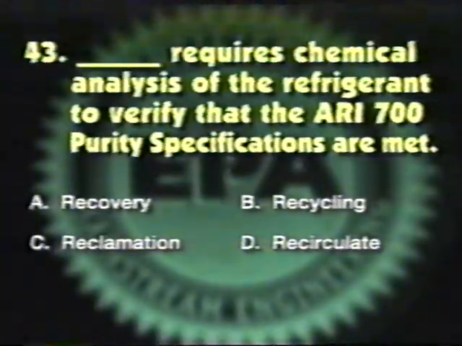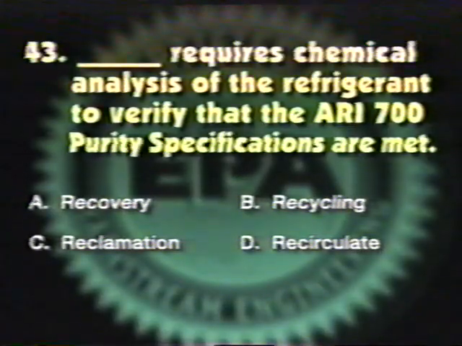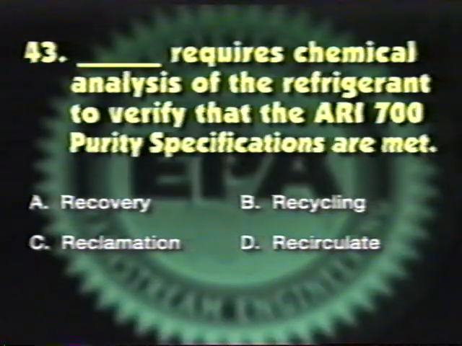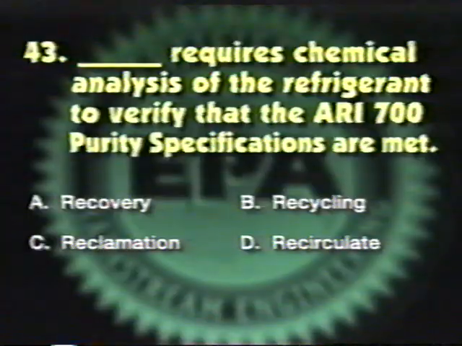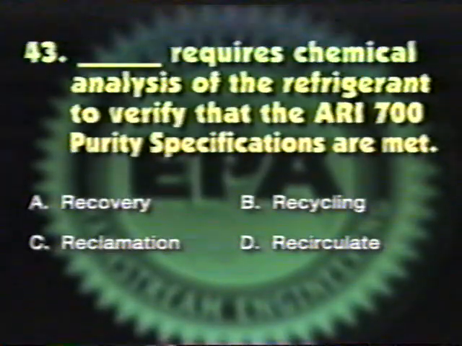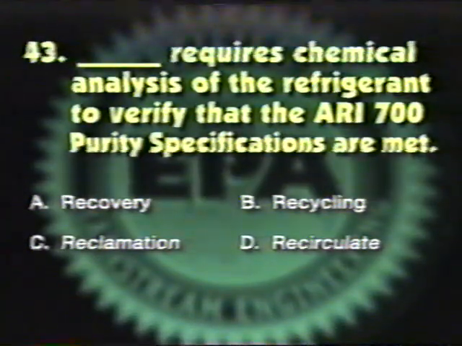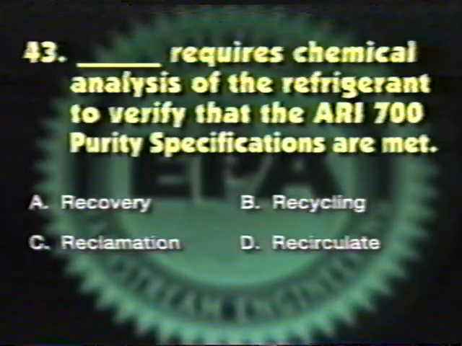Which of the following requires chemical analysis of the refrigerant to verify that the ARI 700 purity specifications are met? A. Recovery. B. Recycling. C. Reclamation. D. Recirculate.